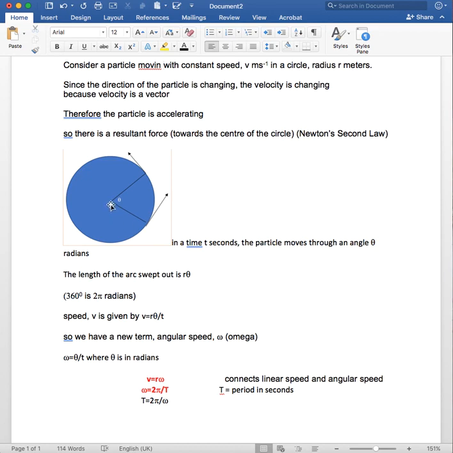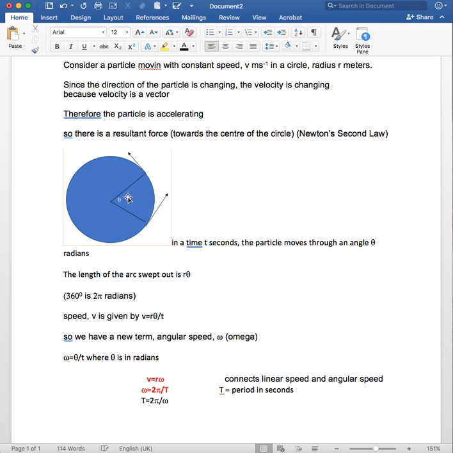So the radius r starts here, traveling with speed v. This is the direction of my velocity, actually. So it's doing v meters per second in this direction at this point, v meters per second in this direction at this point here. So in t seconds it gets from here to here.